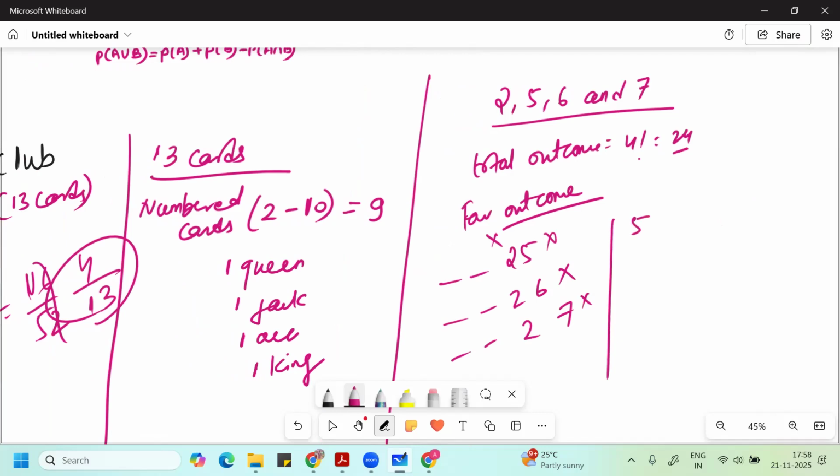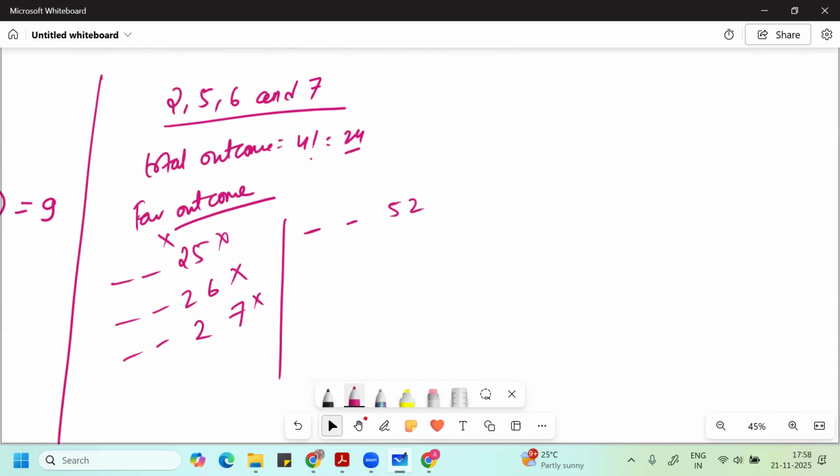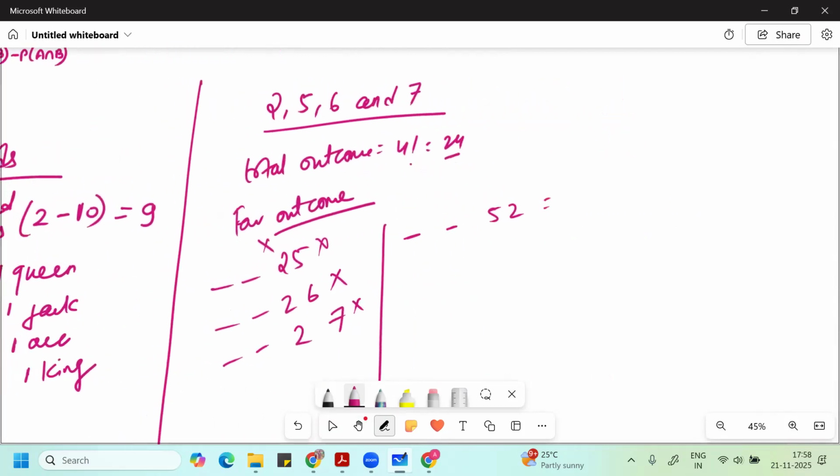Then if I start with 5, 5 to 52, yes, 52. If a number is ending with 52, then it is divisible by 4. So how many possible cases are there?